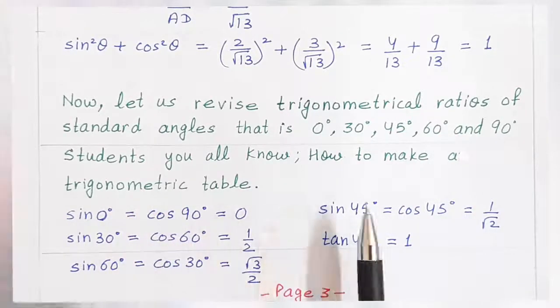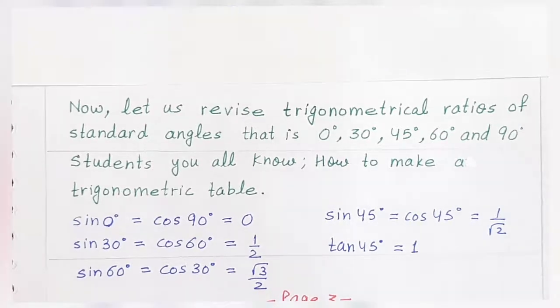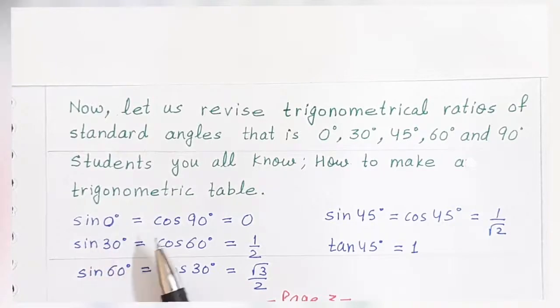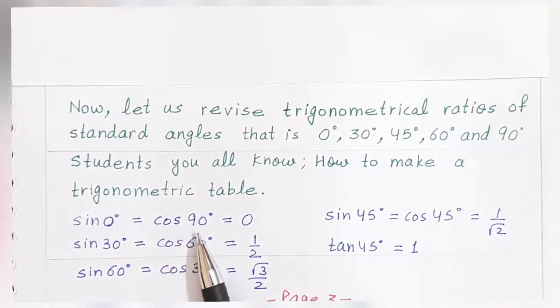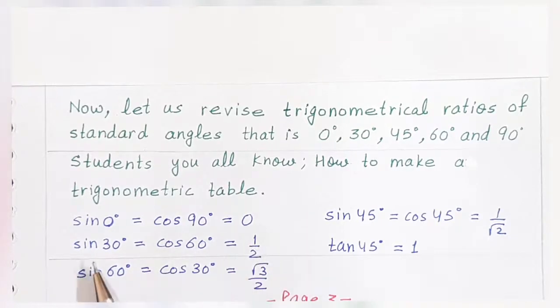Now students, you all know how to make a trigonometric table. Now let us revise that. Sine 0 degree is equal to cos 90 degree. That is 0.